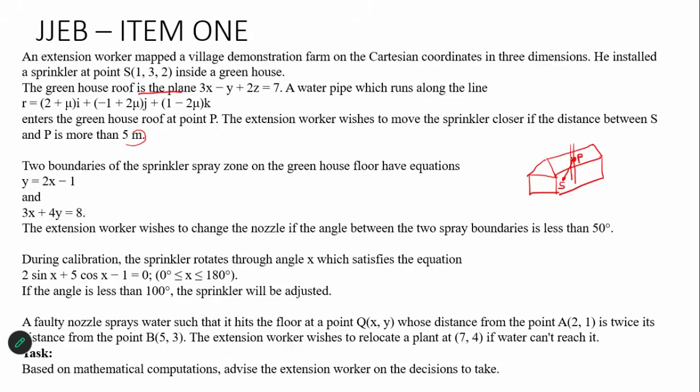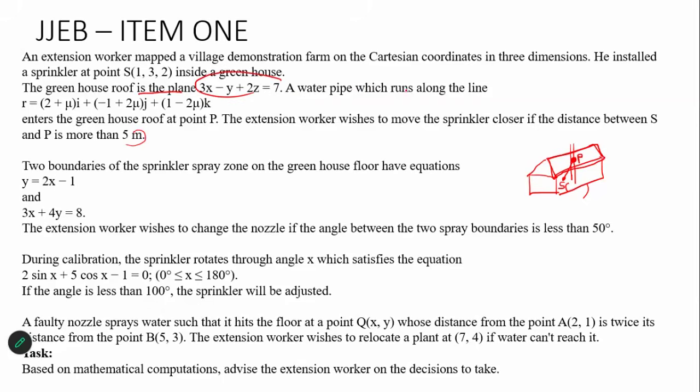When you look at point P, it is meeting the plane, the flat surface of the greenhouse, meaning that the first thing you need to ask yourself is, what is that point P? What is the point P before I calculate? Because you have your point S, but you don't know what point P is. But when you look at point P, it is along the plane, which is our plane.